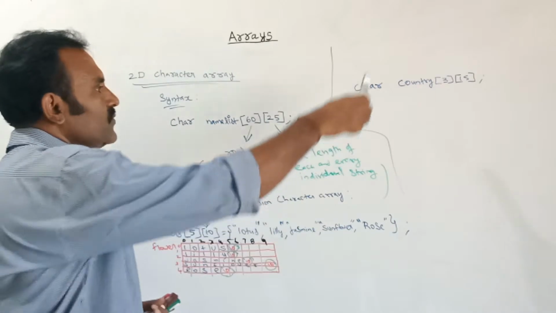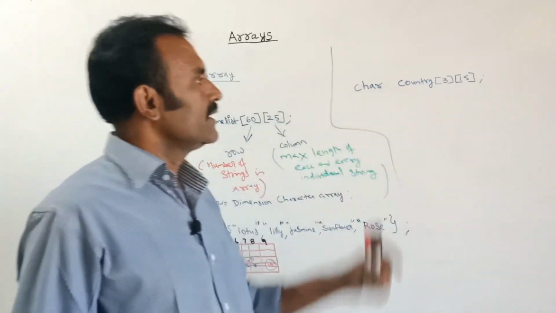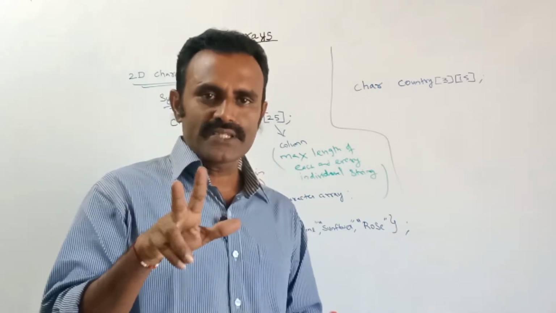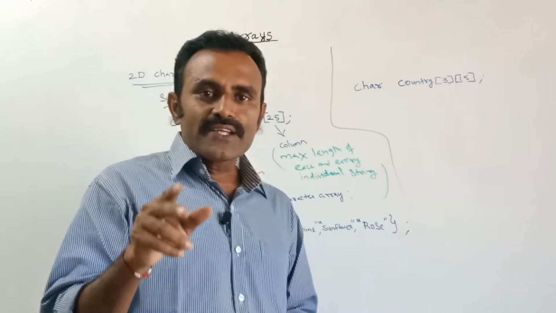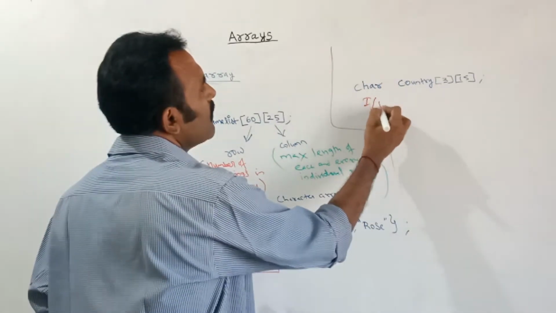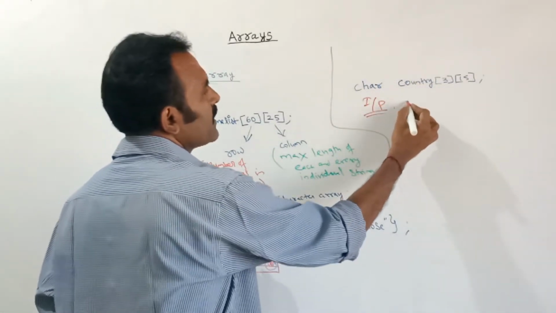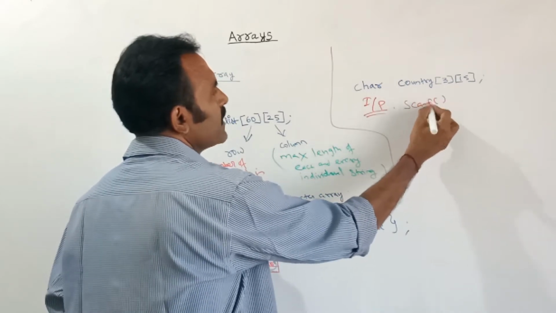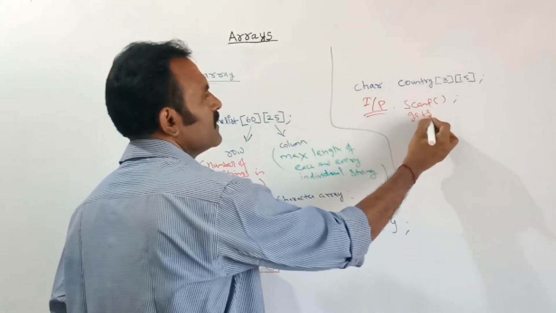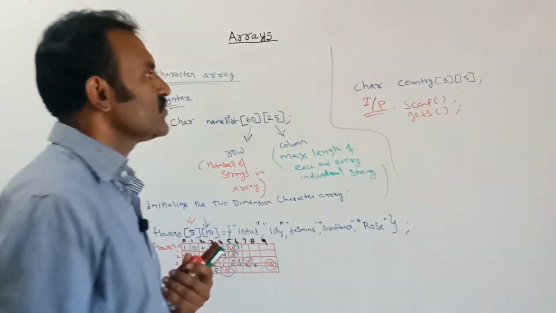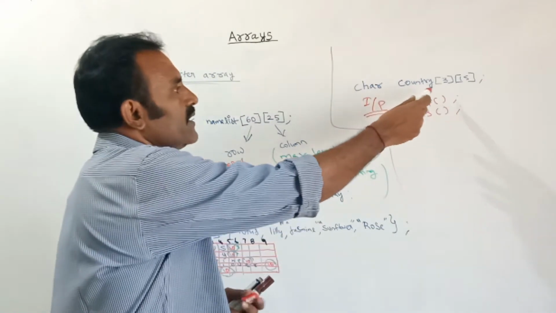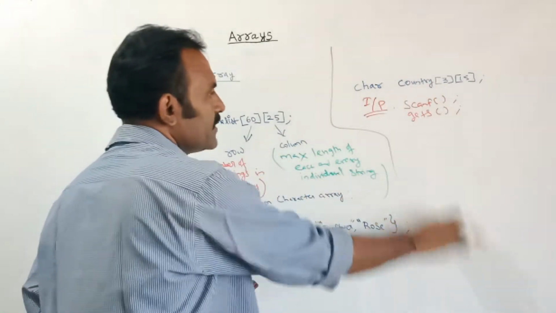So here if you want to give the input to the variable country, by the help of the scanf function and gets function, by using these two functions we can store the input values to the variable country. For example, to give input to the variable we can use the scanf function, and another one is the gets function. Suppose I want to store 3 countries, here I can use the for loop.